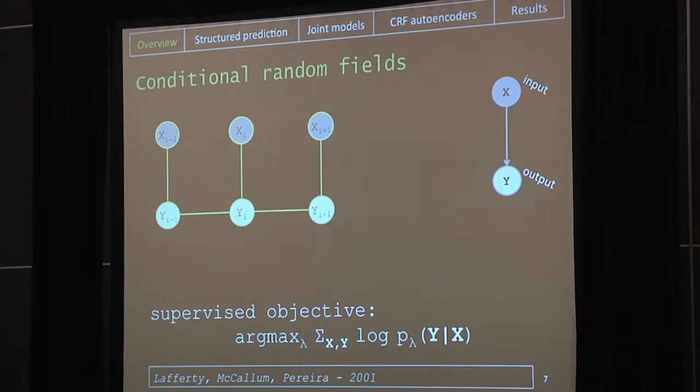For example, this is a linear chain CRF, which can be used to do sequence labeling. Here, every label is directly dependent on the neighboring labels and the corresponding observation. We like CRFs because the partition function marginalizes only the y's, but not the x's. So the x's tend to be in a much larger space.